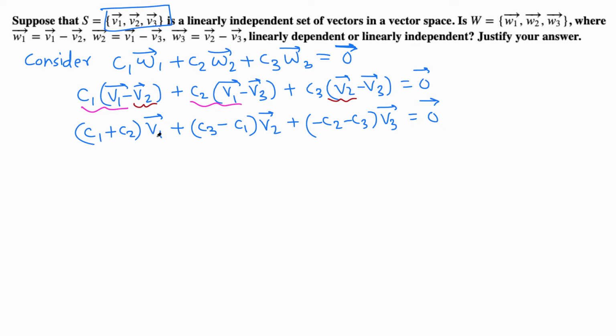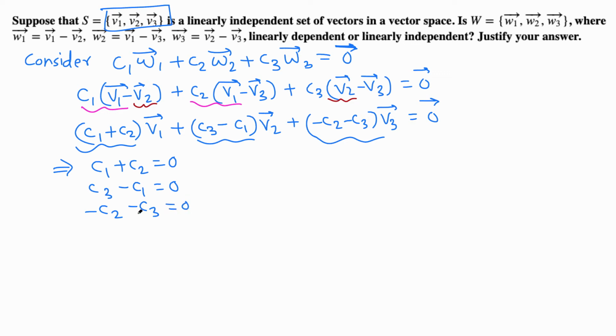Since v1, v2, v3 are linearly independent, these coefficients must be 0. So the only solution to this vector equation is c1 plus c2 equals 0, c3 minus c1 equals 0, minus c2 minus c3 equals 0.